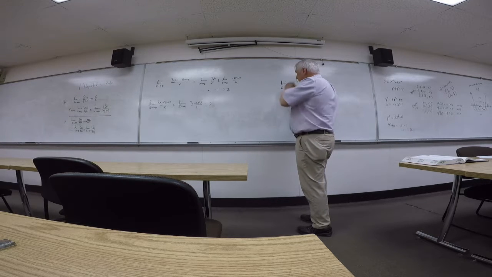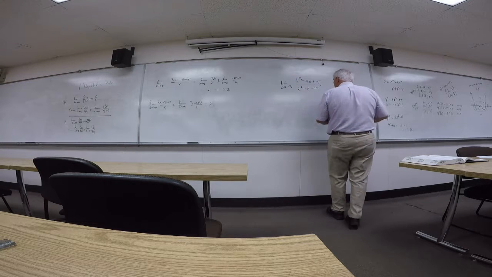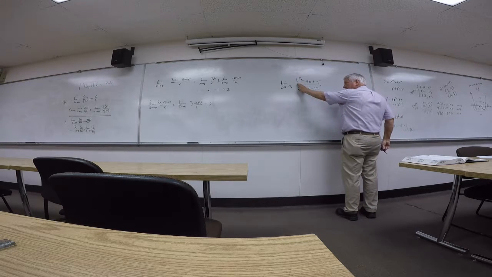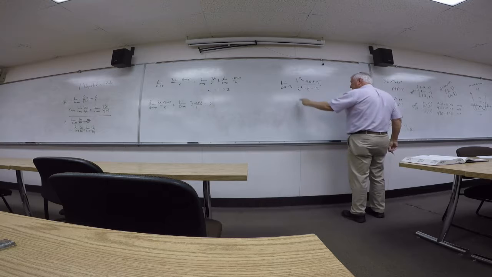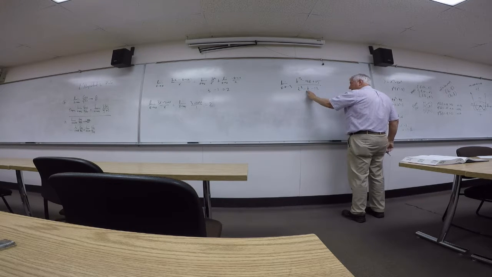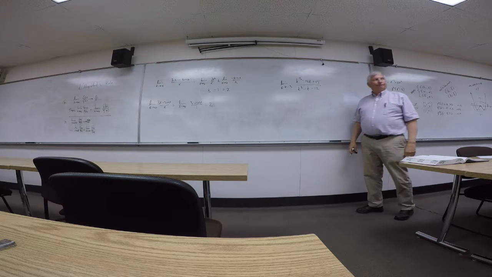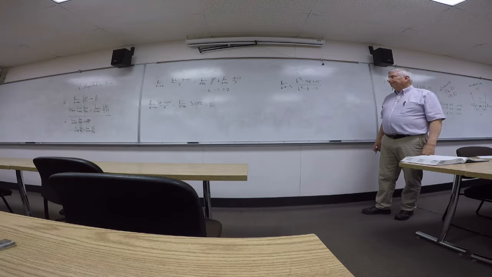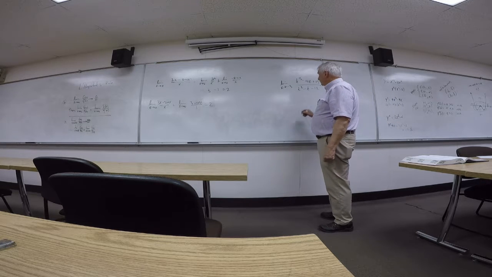Limit as x approaches negative 3. Plugging in, negative 27 plus 12 plus 15 is 0. Positive 9 plus 3 is 12, minus 12 is 0. This has the form 0 over 0. Bummer. So, let's take the derivative of numerator and denominator.